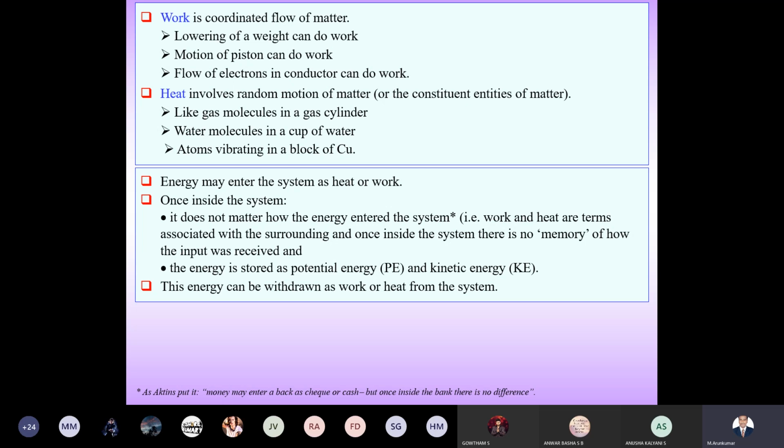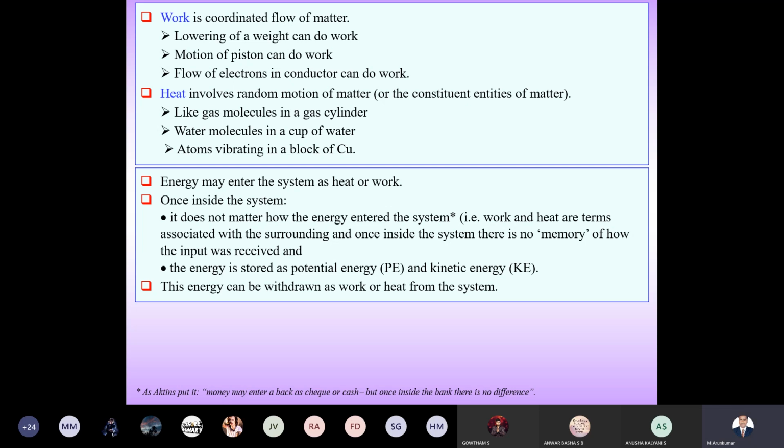Right? So the energy may enter the system as heat or work. We discussed what is a closed system, what is an open system, and what is an isolated system. So in that there is a change in energy. That change in energy may be heat energy or may be work energy.